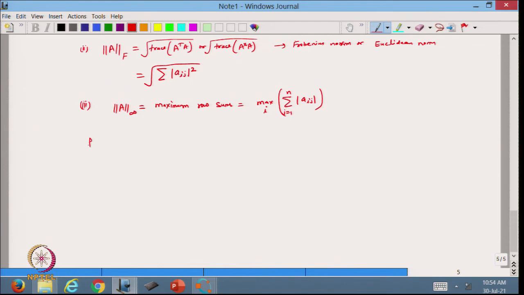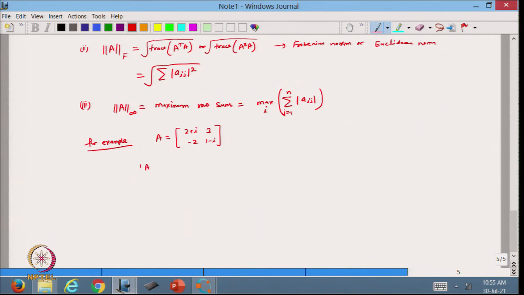For example, now I take a matrix A, a 2 by 2 matrix, with entries 2 plus i, 3, minus 2, and 1 minus i. This is a complex matrix.